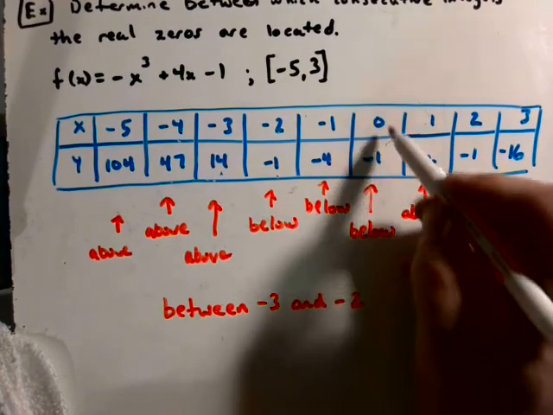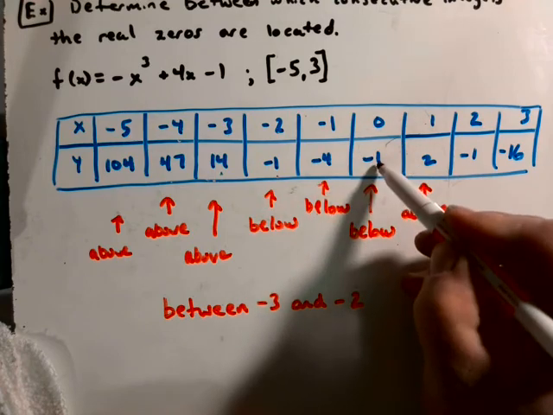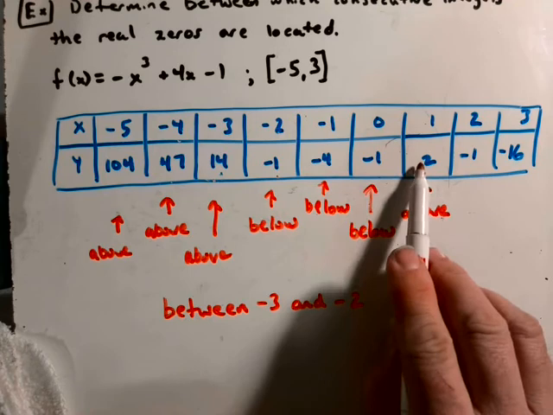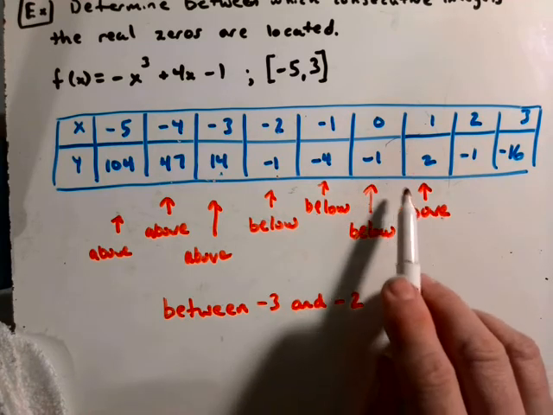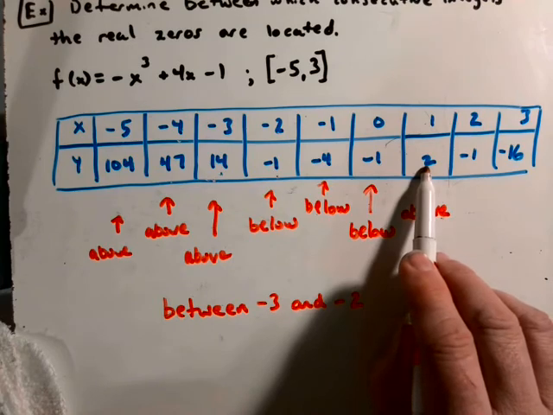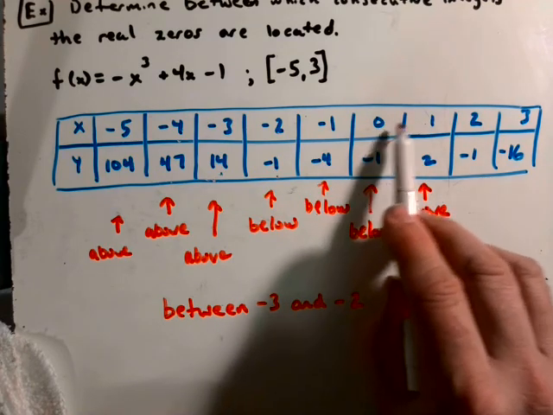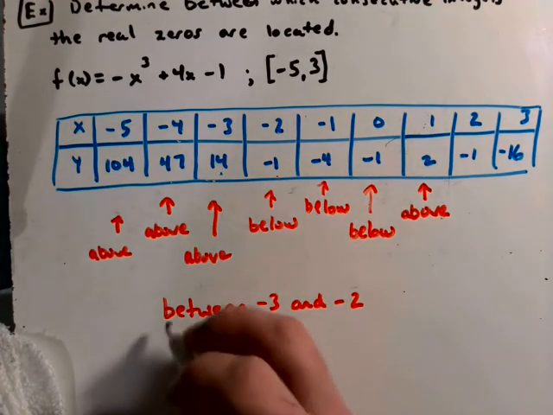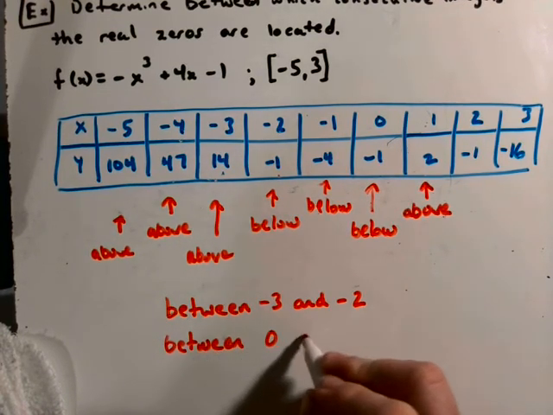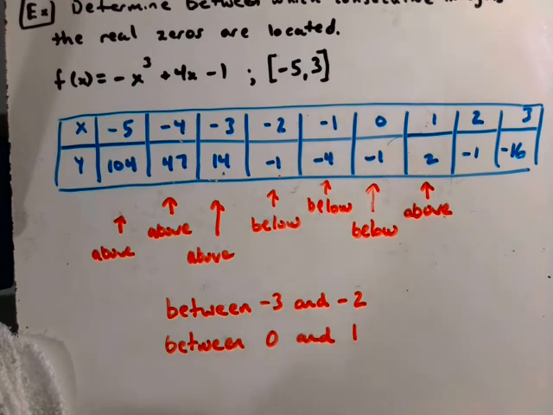So we went from below the x-axis at (0, -1) to above at (1, 2). Again, you're looking for a sign change in these y-coordinates. If you have a negative y value, it's below. If you have positive, it's above. So between 0 and 1, we would expect there to be another zero or another x-intercept.